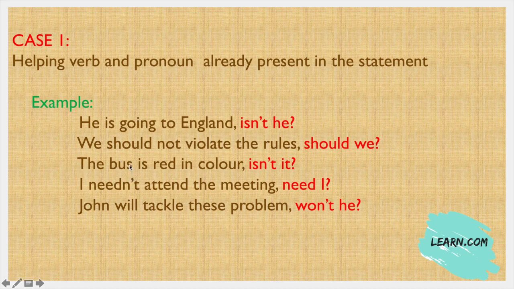What pronoun can we use for the bus? We use it because it is used for non-living things. So we can replace this subject with the pronoun it. Now we have both the helping verb and the pronoun: is is the helping verb, it is the pronoun. Since it is a positive statement, we have to insert not here. Isn't it?